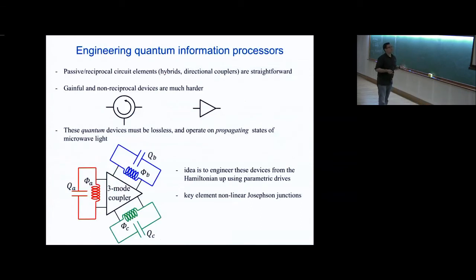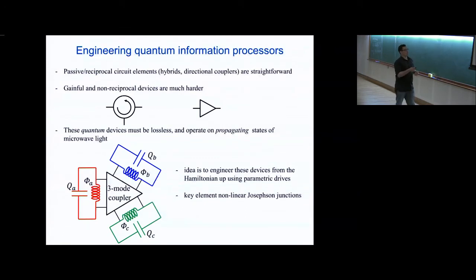But the overall idea, just one more time, is that with quantum efficiency in superconducting circuits, we can easily make passive and reciprocal elements. Basically, we just use superconductors. We open our microwave textbook. We build everything with low-loss elements. Everything is great. Gainful and non-reciprocal devices are much harder because the standard engineering techniques, including big magnets and yttrium iron garnets, are really not suitable for superconducting quantum-limited stuff.